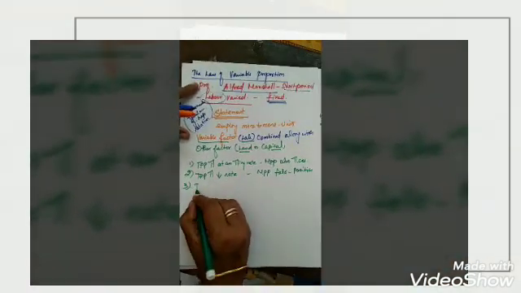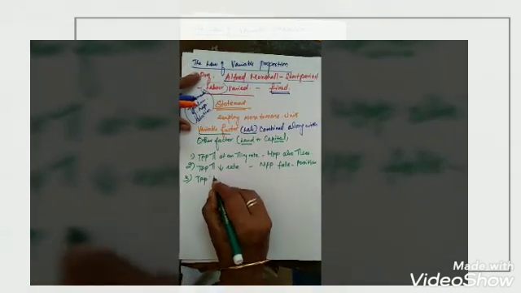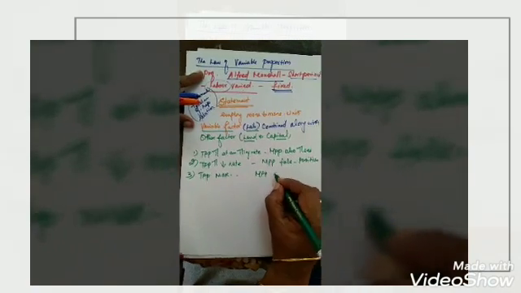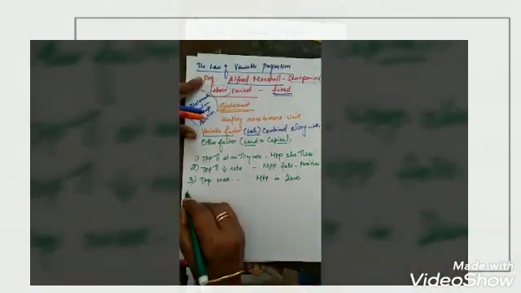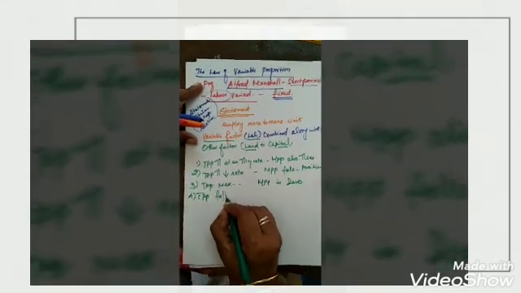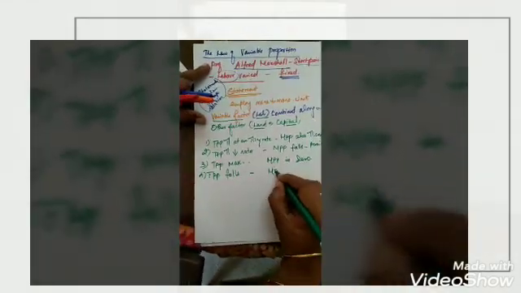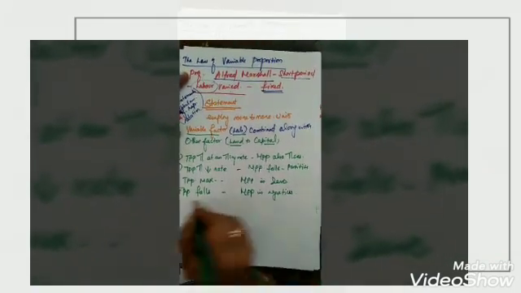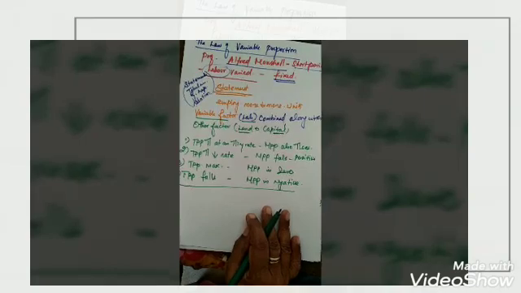The third one is when TPP is maximum, because MPP is 0. Fourth one is when TPP falls. Why? Because MPP is negative. These are all the things that come under the statement of the law.